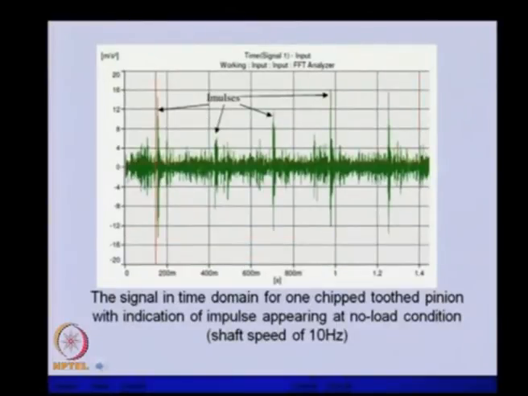This is a typical time domain signal. Generally, time domain signal is very difficult to analyze, but in this particular case, it is the signal in time domain for a one chipped tooth pinion.